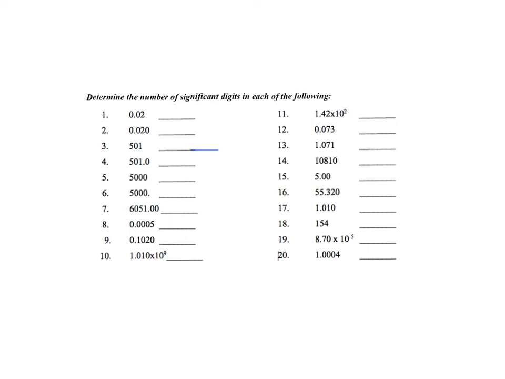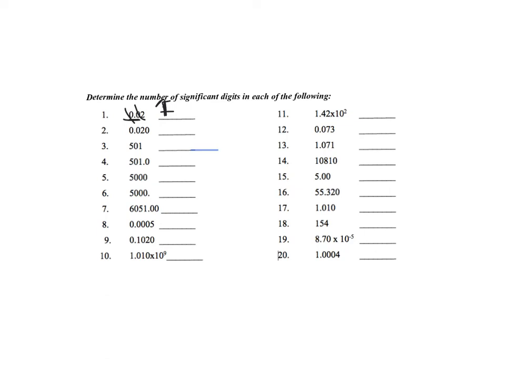So 0.02. Both of these zeros are considered leading zeros. They are zeros that come before the first thing that isn't 0. And according to our rules, leading zeros never ever count. So we know those don't go for significant figures, which means in the number 0.02, there is a single significant digit, 2. It's the only one that counts.